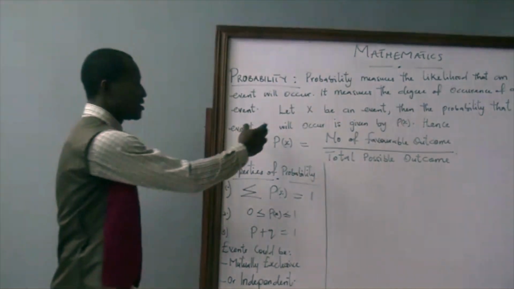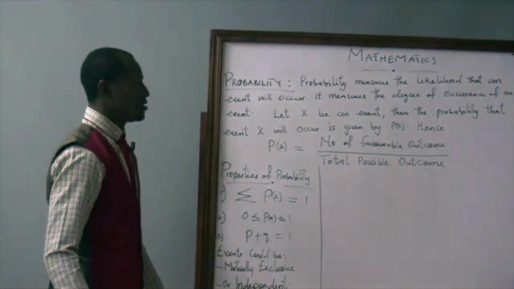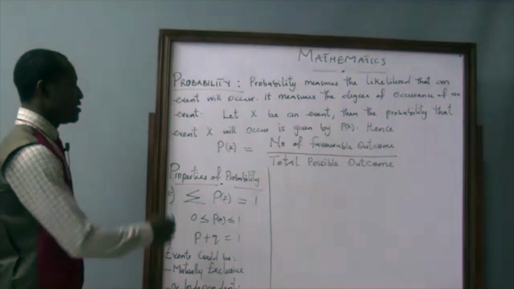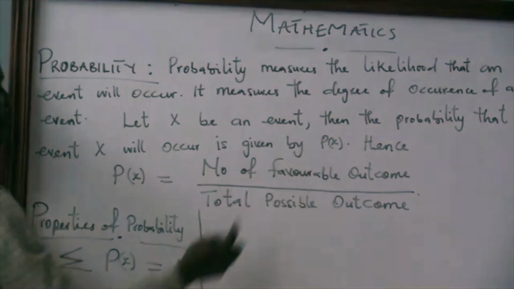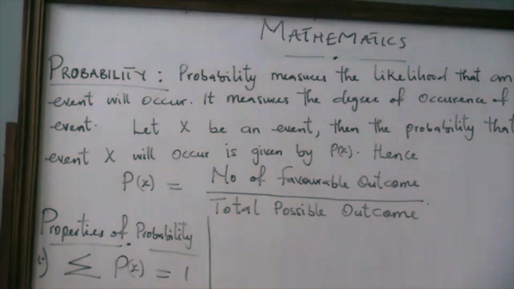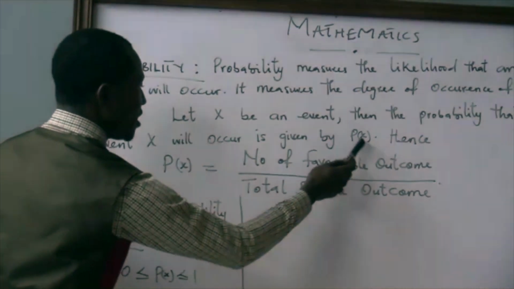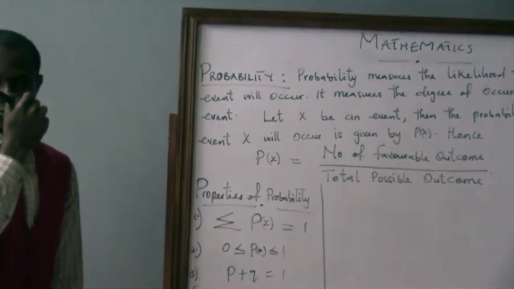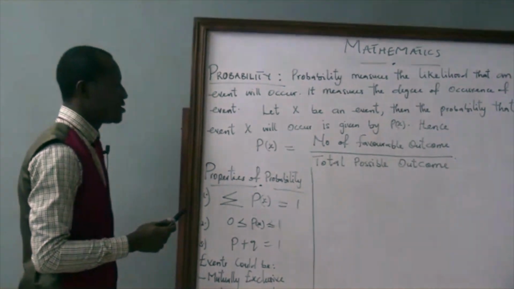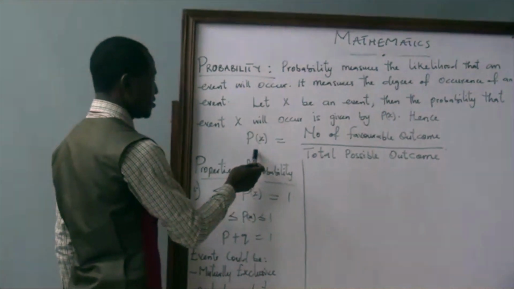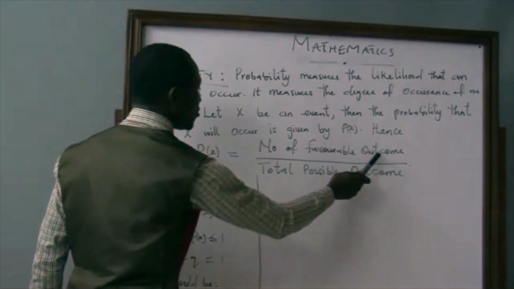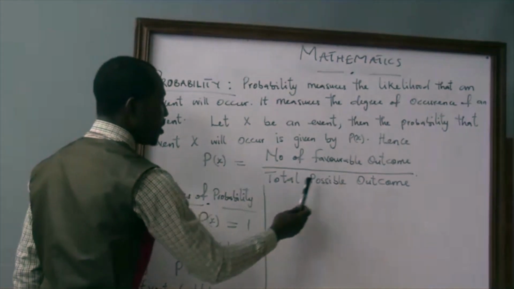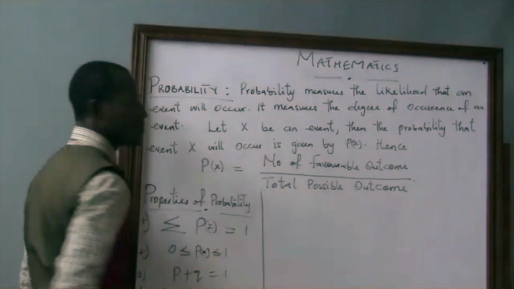So if X is an event, then the probability that event X will occur is given by P of X. Probability of event X, that's what P of X stands for. Hence, P of X is given by number of favorable outcome divided by total possible outcome.